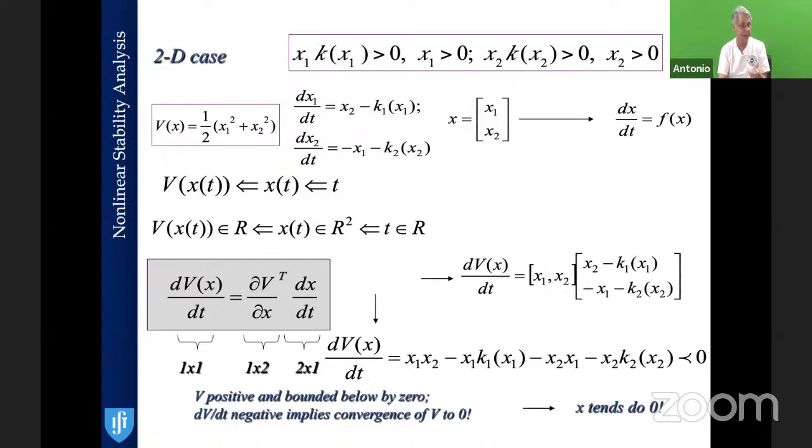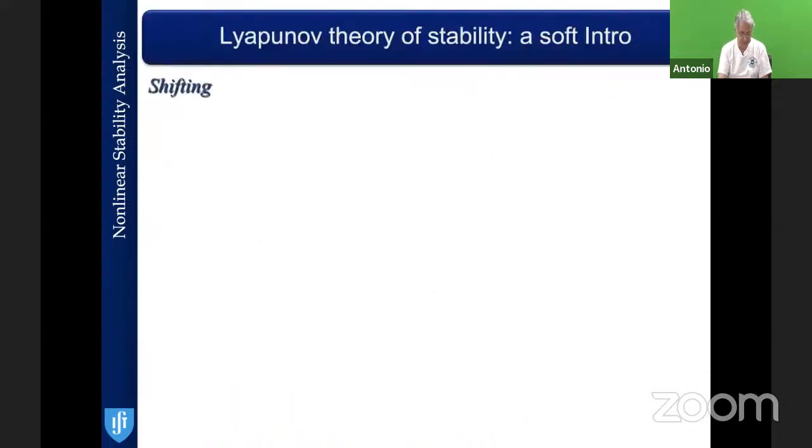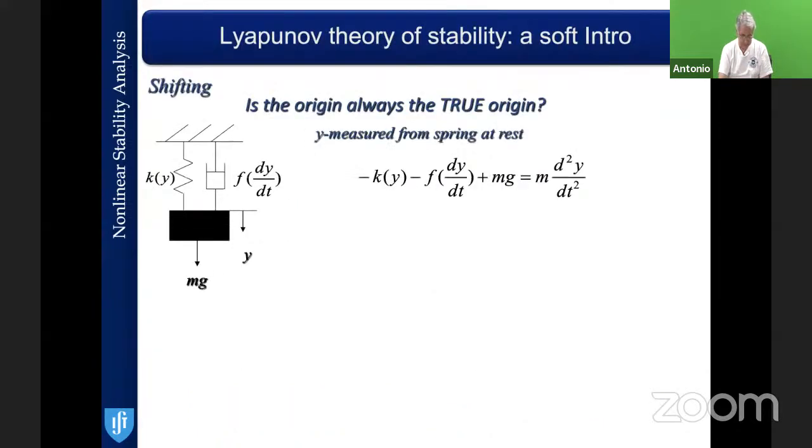It doesn't have to be that way. So shifting. Is the origin always the true origin? And the answer is no. But through a coordinate transformation, you can always make the origin the equilibrium point.